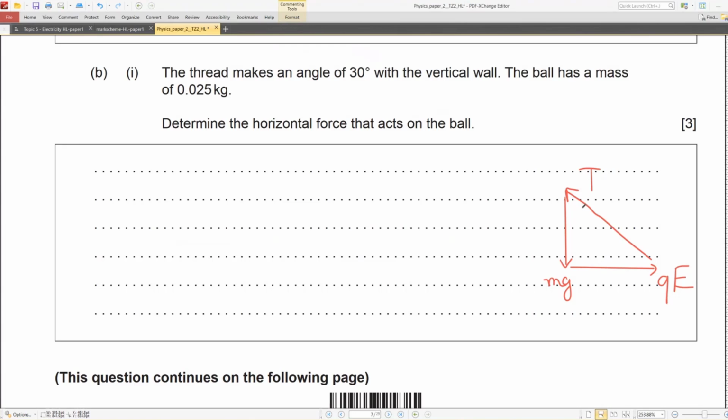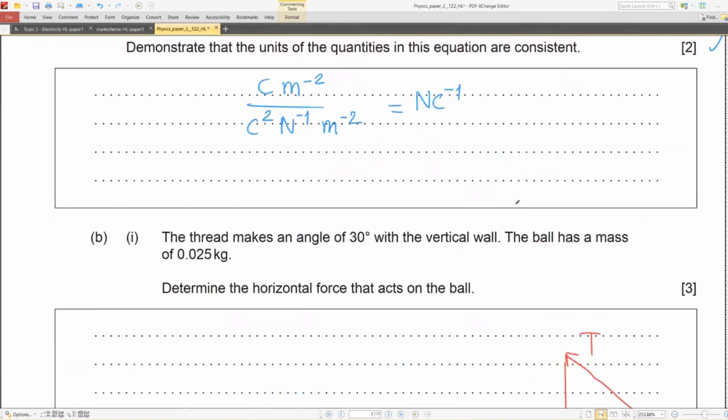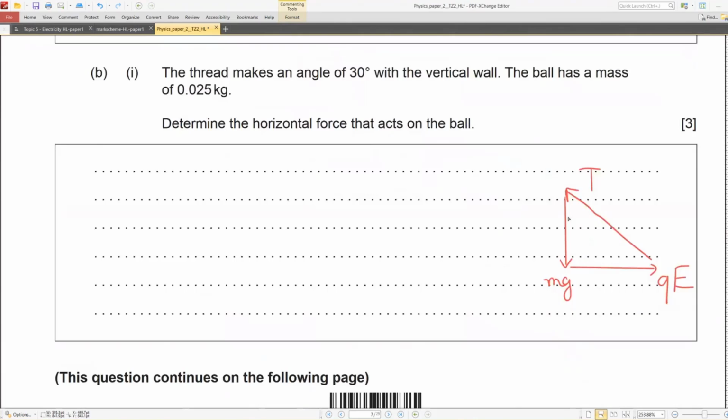The angle is 30 degrees. I drew it greater than 30, but anyway, take it to be 30 degrees. The horizontal force that acts on the ball is this one, QE.